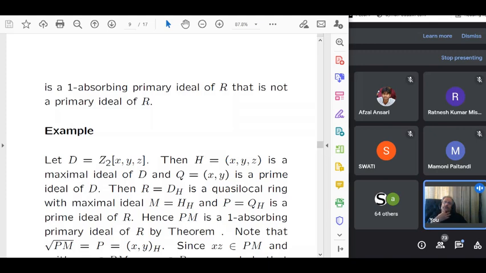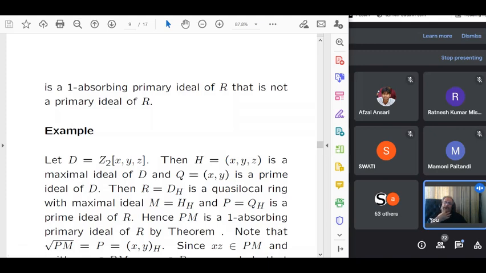So this example is a product of two primes, and the product of the two primes is one absorbing primary but not primary. And you take this H, which is definitely a maximal ideal of D. And you take Q generated by xy, and you localize R at H. Remember, H is this maximal ideal.